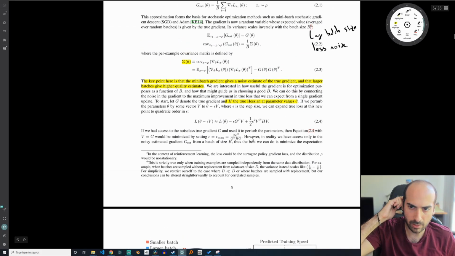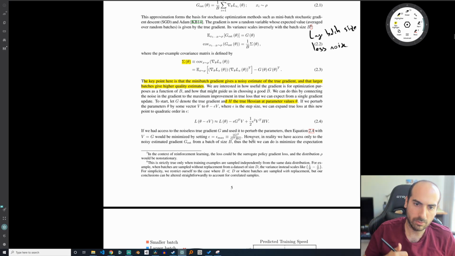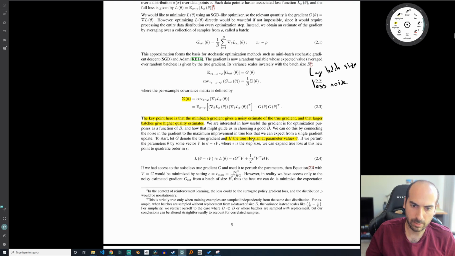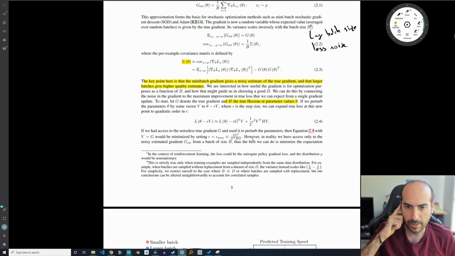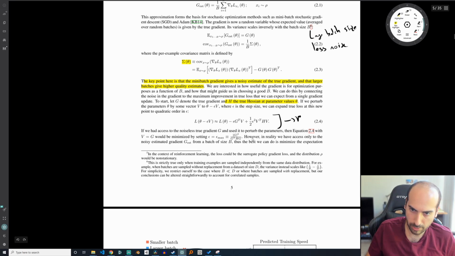So basically they're saying, if we perturb the parameters from a given point of the loss function, we can expand the true loss at this point to a quadratic error. Okay, great. So we perturb the loss and get a quadratic estimate.